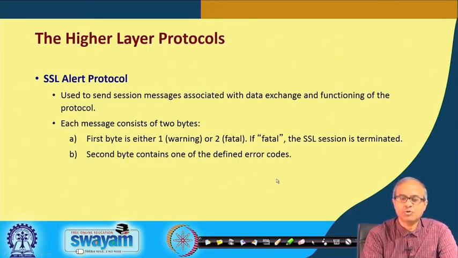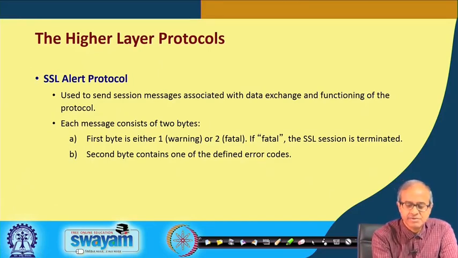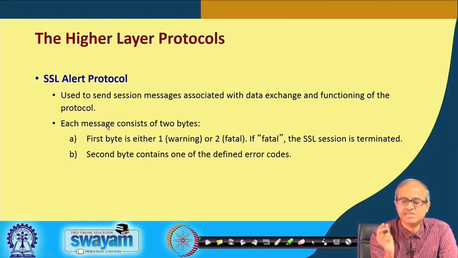Talking about the higher layer protocols, the SSL alert protocol is used to send messages associated with the data exchanges, some errors or some warnings when the data are being sent. These are very short messages, each consisting of 2 bytes.